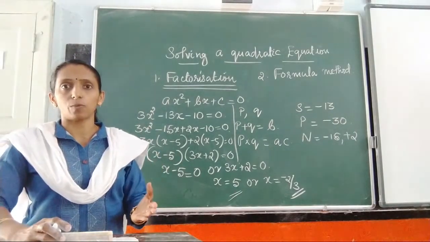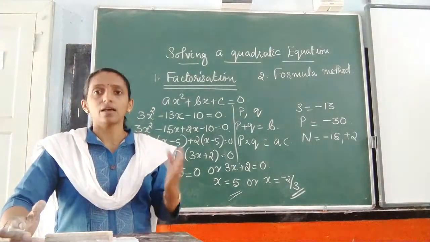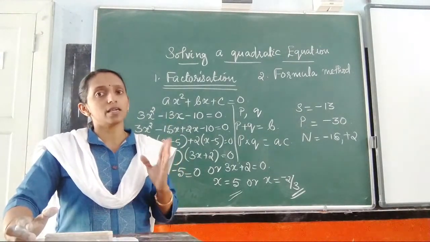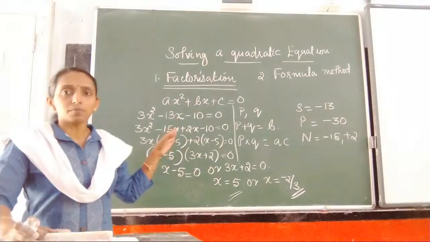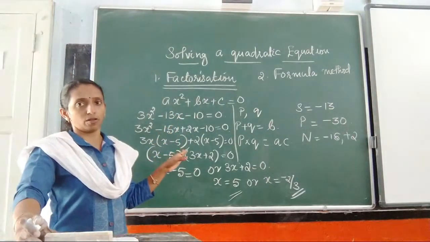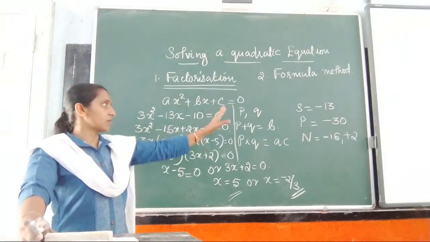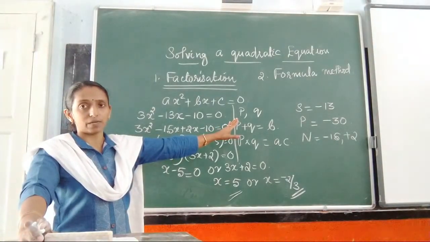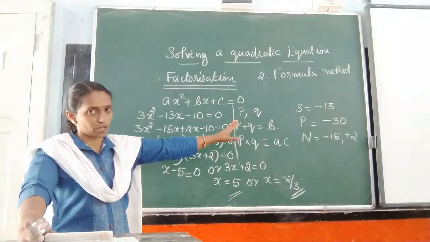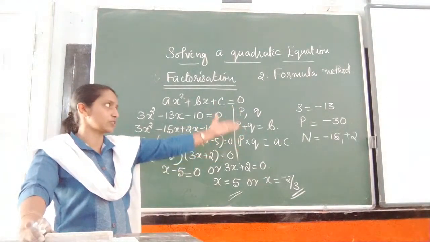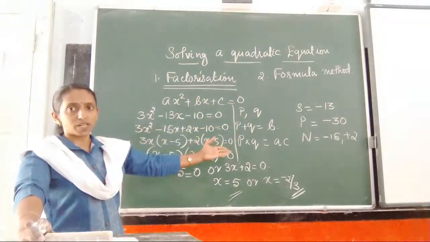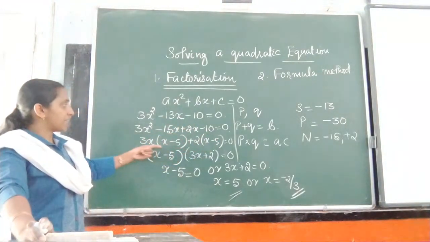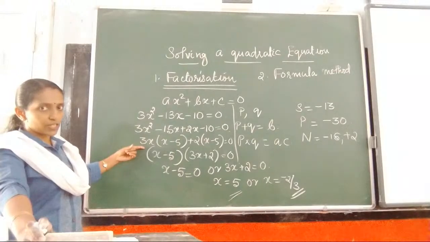The standard form of the quadratic equation is ax square plus bx plus c equal to 0. After making it in the standard form, we will go for splitting the middle term. Splitting the middle term means we will find the two numbers which satisfy the condition so and so. So we will split the middle term. After splitting the middle term, we will take out the common factors outside.